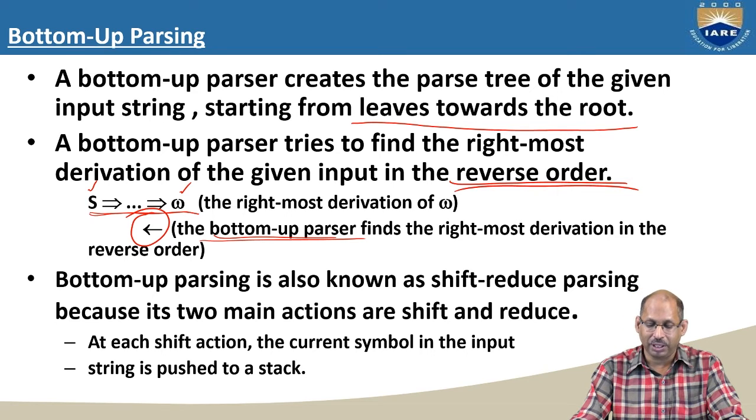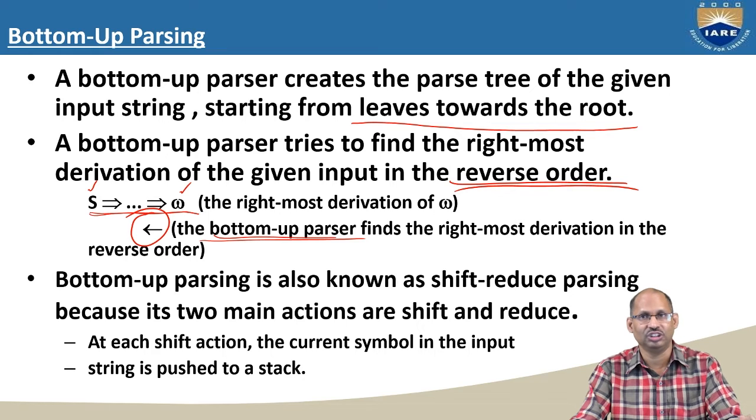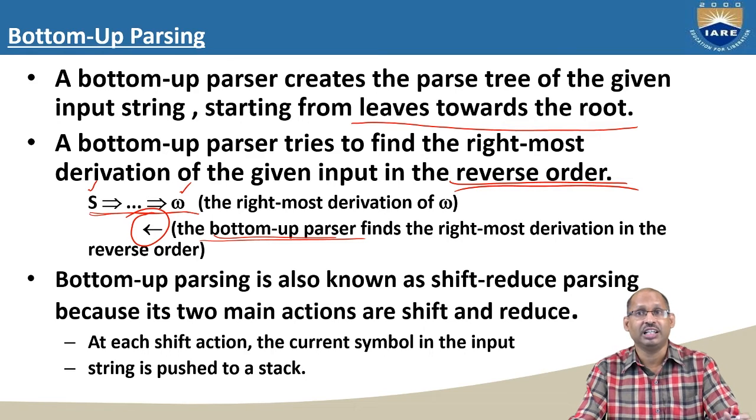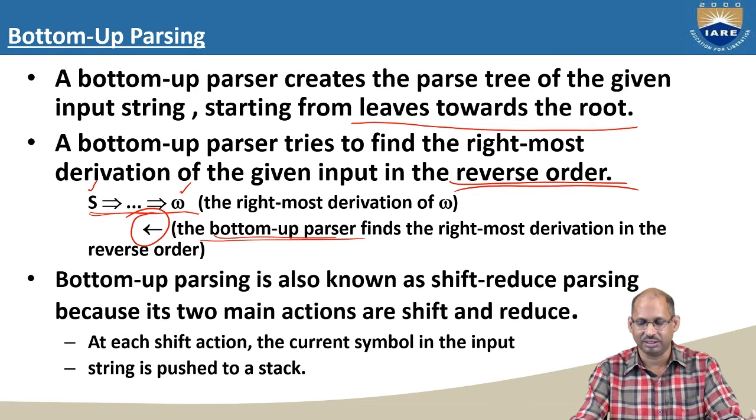Bottom-up parsing is also known as shift-reduce parsing. Mainly it has two actions, shift and reduce. At each shift action, the current symbol in the input string is pushed to the stack.